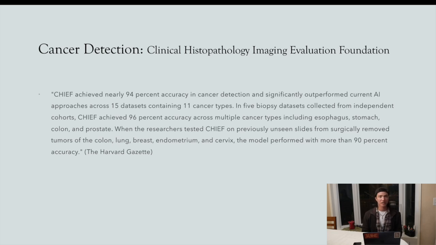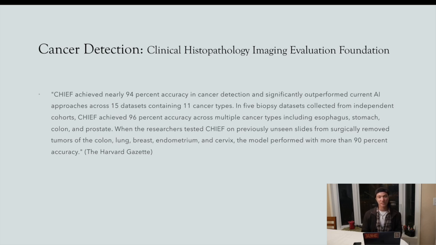Now, from the website itself, which CHIEF is being run by, they define it as: CHIEF achieved nearly 94% accuracy in cancer detection and significantly outperformed current AI approaches across 15 datasets containing 11 cancer types.